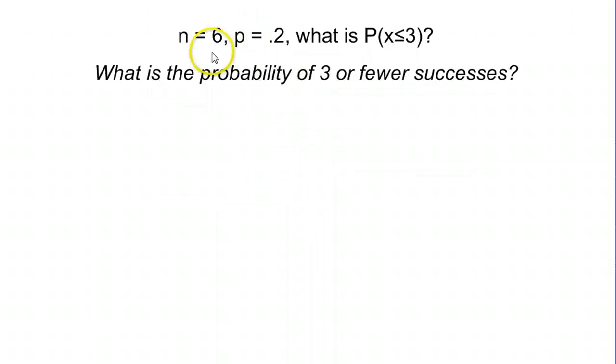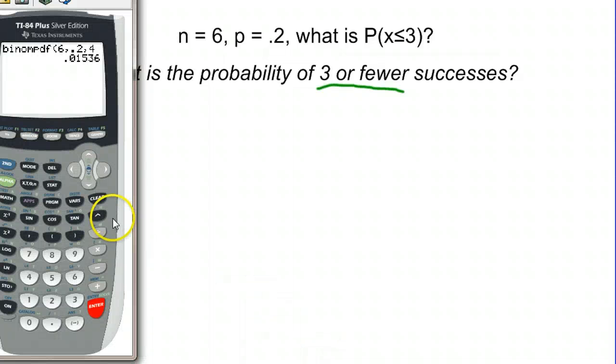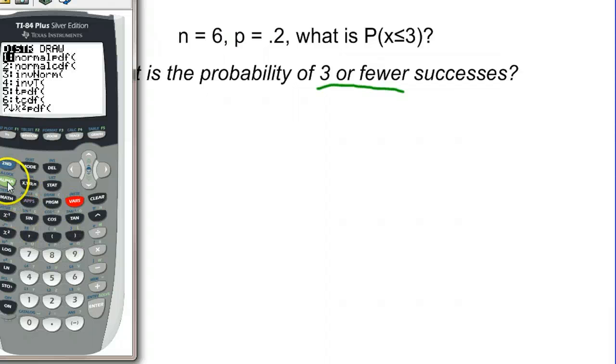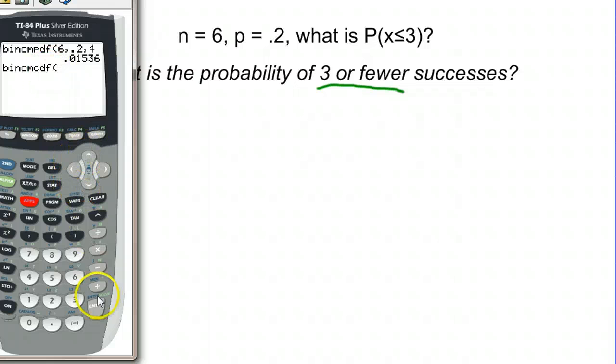Next one, it says n is 6, p is 0.2 again. What is the probability x is less than or equal to 3? What that's saying is, what is the probability of 3 or fewer successes? If you remember, 3 and fewer, or any number and fewer, is a function in our calculator: binom CDF. We go to our second vars, in my case under B, binom CDF, otherwise you can just scroll down and find it.